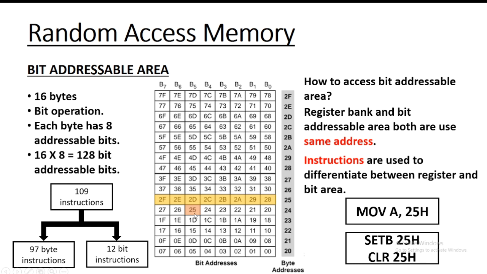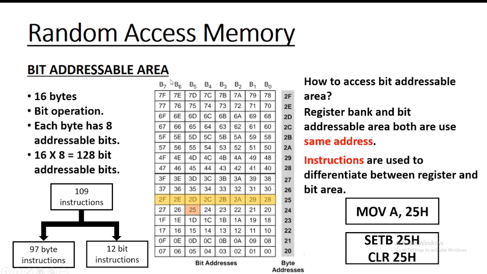So it works only on a single bit. SETB is used to set the particular bit, which is this. CLR is used to clear the particular bit location. So depending upon the instruction, the working on the data is changed, whether it is a byte instruction or a bit instruction.